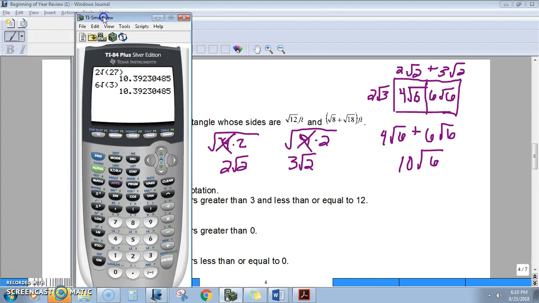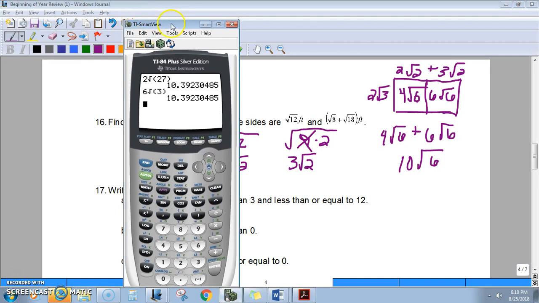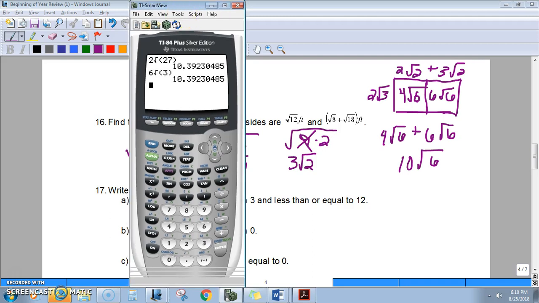But don't just take my word for it. Let's check. Let's check if we just did the square root of 12 times the square root of 8 plus the square root of 18.